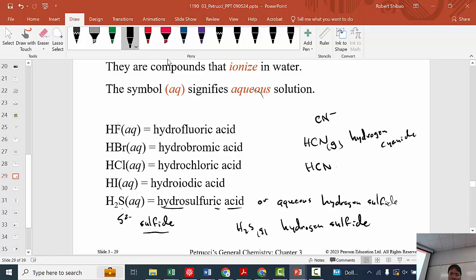Yeah, that's correct. Hydrocyanic acid. Hydrogen sulfide is lethal. There are deaths every year, I think. The last death I remember from hydrogen sulfide exposure was in Ventura.